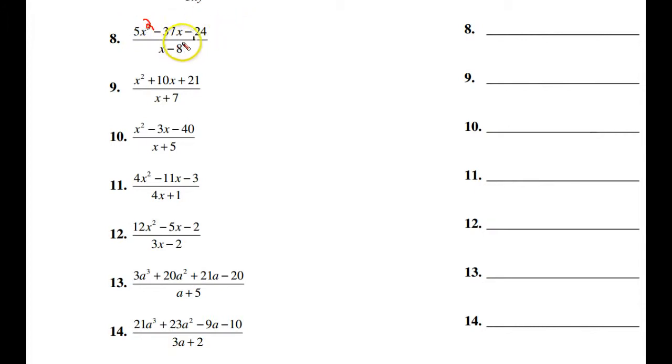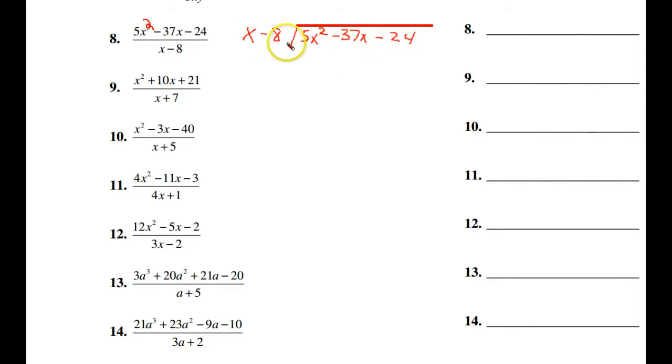So this we're going to set up as long division. So x minus 8 out there. Set up our division pattern. And put our trinomial under the typical division bar here. So there's our denominator that we're dividing into our numerator.